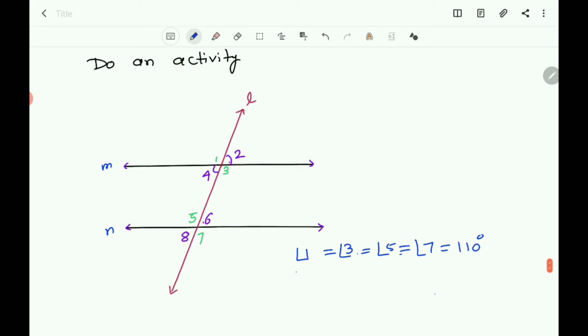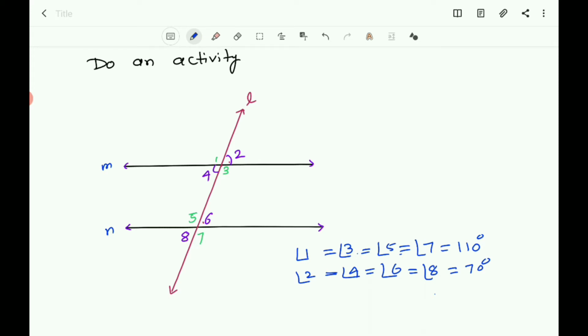And next, angle 2, angle 4, angle 6 and angle 8 are of measurement 70 degrees. They are equal. All these 4 angles are equal and their measurement is 70 degrees. In this way we got only 2 measurements here, 110 degrees and 70 degrees.